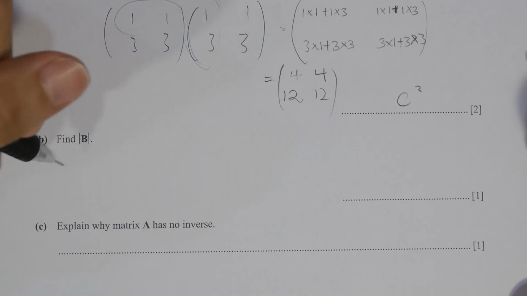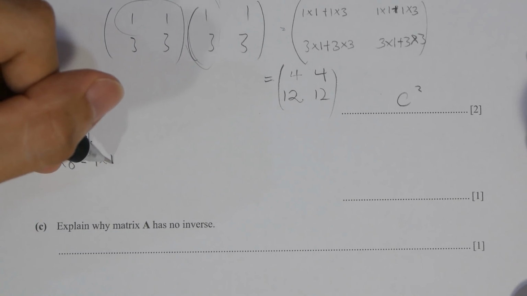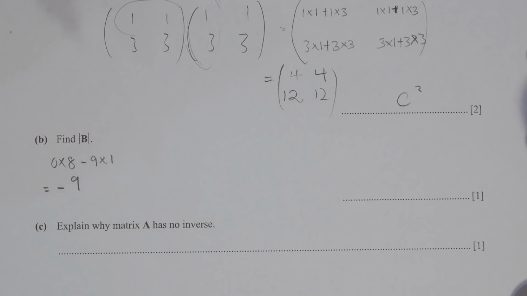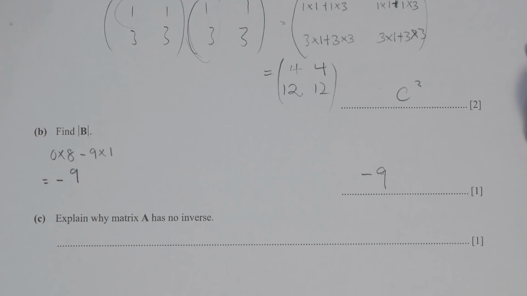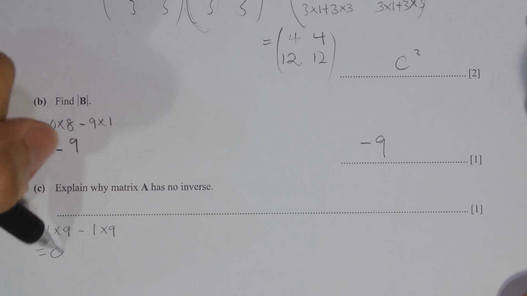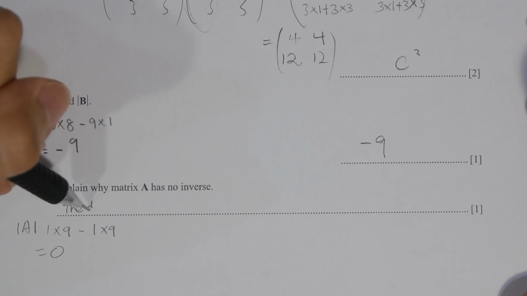As for B, all you need to do is to take 0 times 8 minus 1 times 9. So the result will actually be -9. Explain why matrix A has no inverse. It is because the determinant of it is 0.